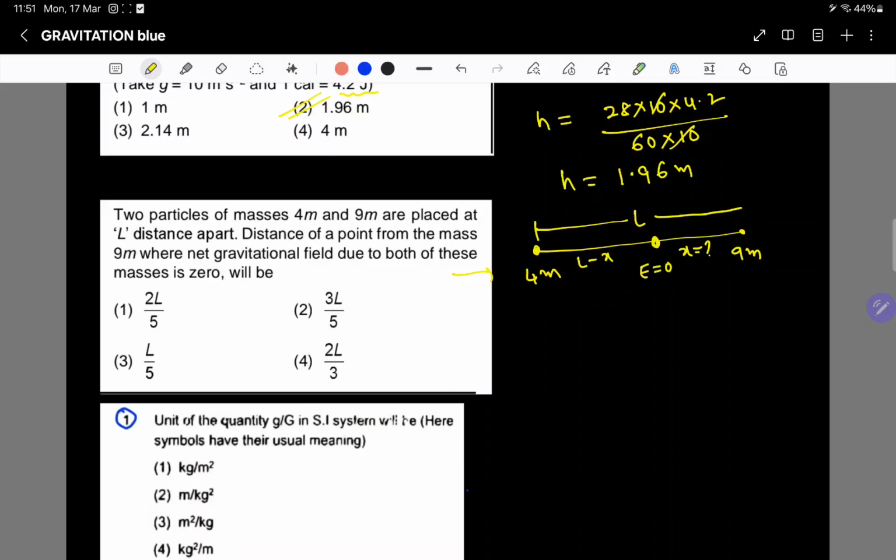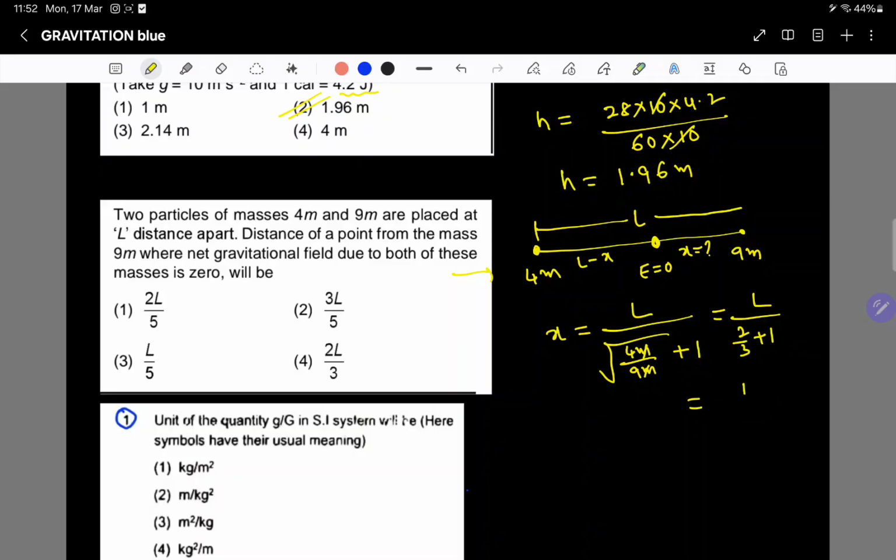Here, at what distance does the gravitational field intensity become 0? So for the null point distance from the 9m particle, there is a shortcut formula, students: x equals total distance L by root of the opposite mass over this mass, 4m by 9m, plus 1. Here m is cancelled. 4 by 9 is nothing but 2 by 3, plus 1.